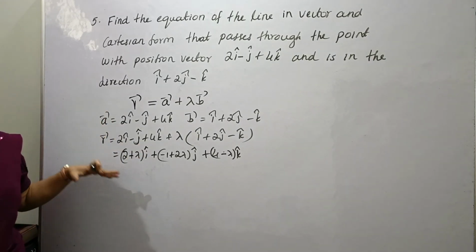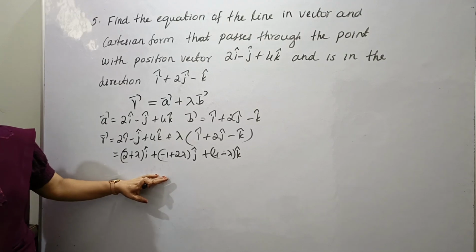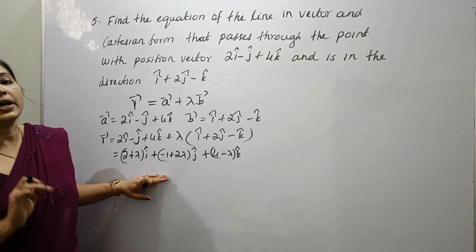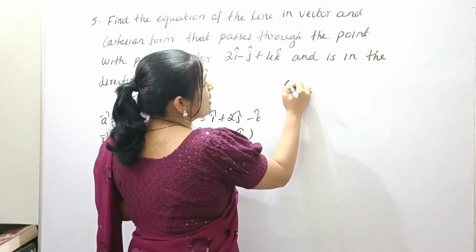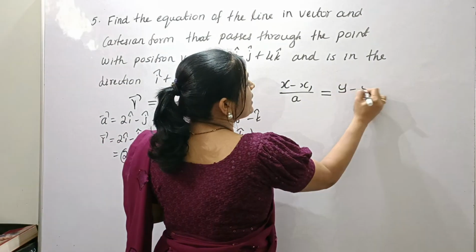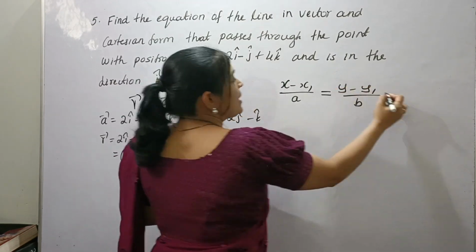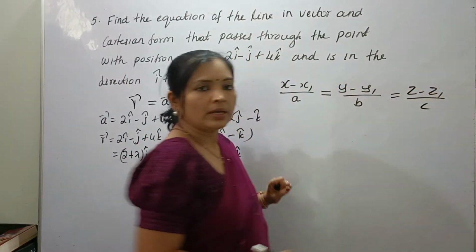Next we have to write the Cartesian equation, that is, the equation of a line in Cartesian form. Here we know the Cartesian equation: (x − x1)/a = (y − y1)/b = (z − z1)/c.